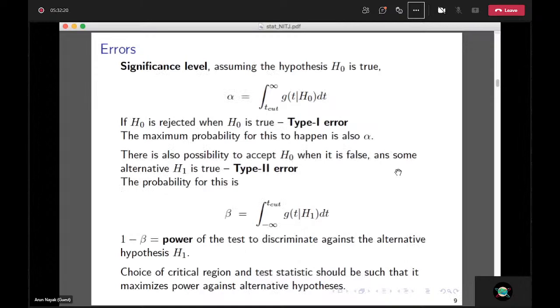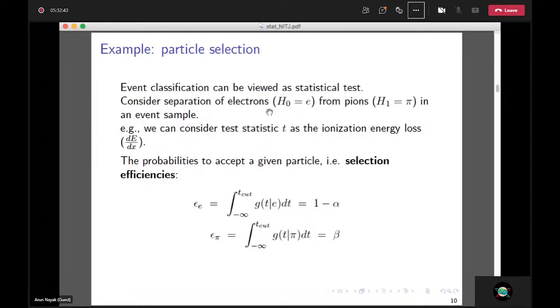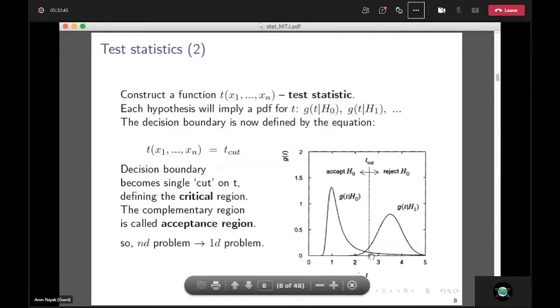Okay. Now, when we do this and assume two hypotheses, the significance level, as I said, is when we assume the hypothesis H0 is correct or true, alpha gives the significance level, which is defined as the integration of this probability from t cut up to infinity.